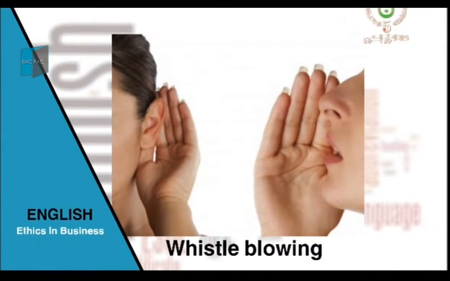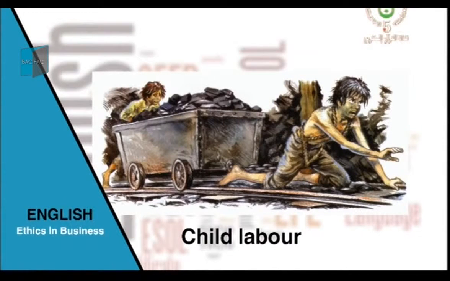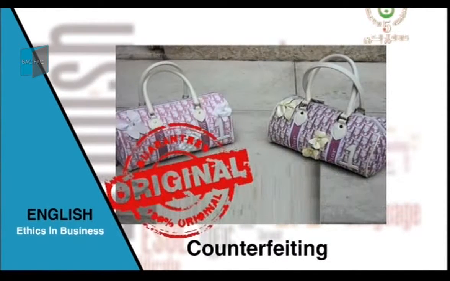This is because she has just seen or she has noticed wrong practices in her job or in her firm. So this represents whistleblowing. The next picture, with children working hard, represents child labor. And the last one, with the 2 bags, represents counterfeiting.